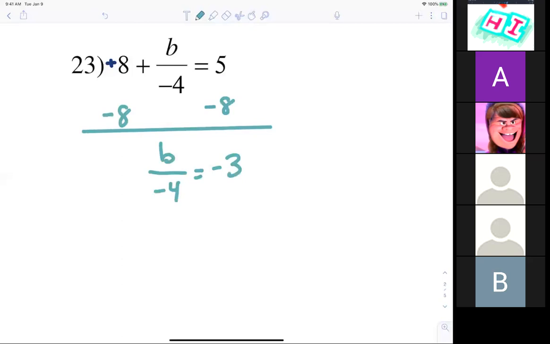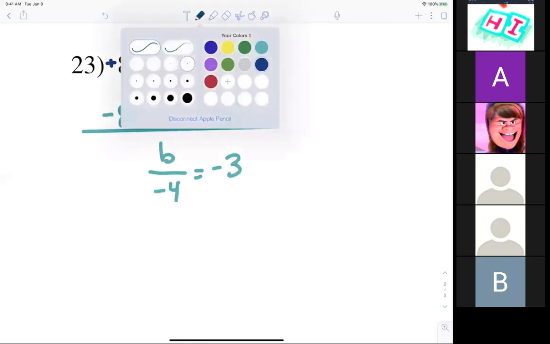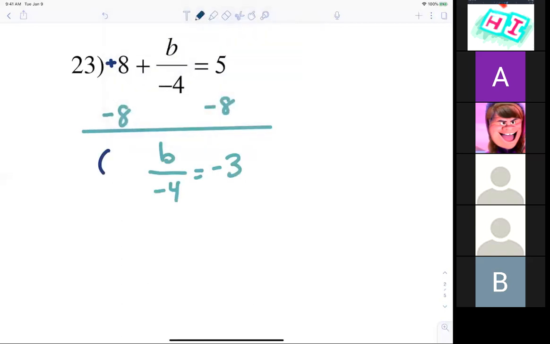Everybody good with that? And now how do we undo division? Multiply. That's right. We multiply both sides by negative 4. So b equals 12. Everybody good with that? Does anybody have any questions?